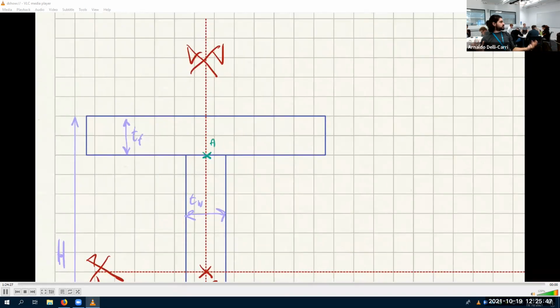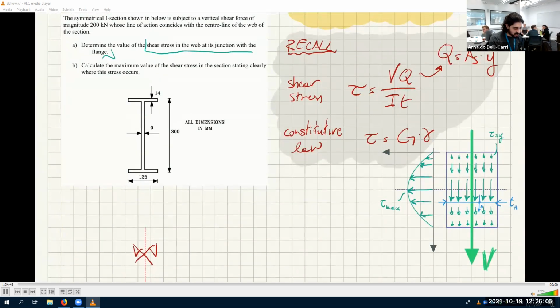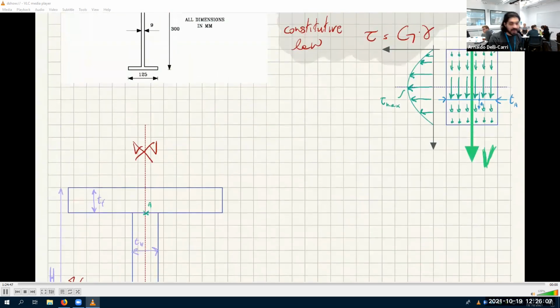So that means we have a discontinuity, a discontinuity of the first kind, because as we go down, we jump from TF to TW. That's quite a large jump. We go from very large to very tiny, from 125 to 9.